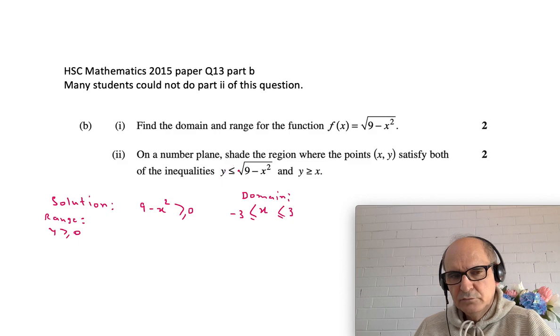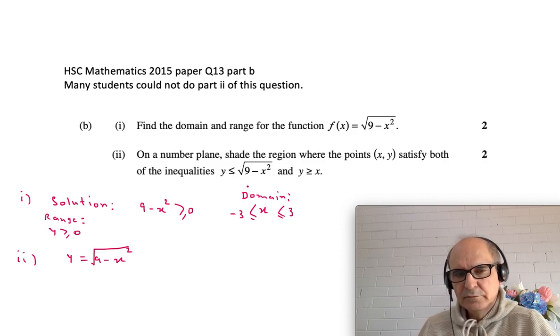So what we need to do is ignore the inequality and look at it as if it was an equation. y equal to square root of 9 minus x squared.